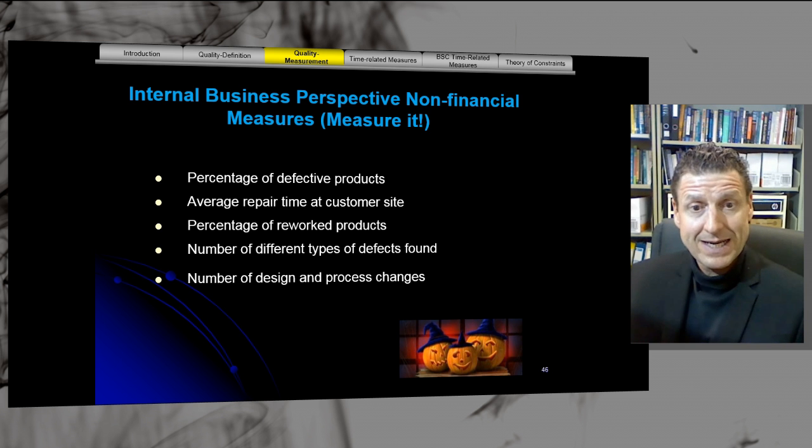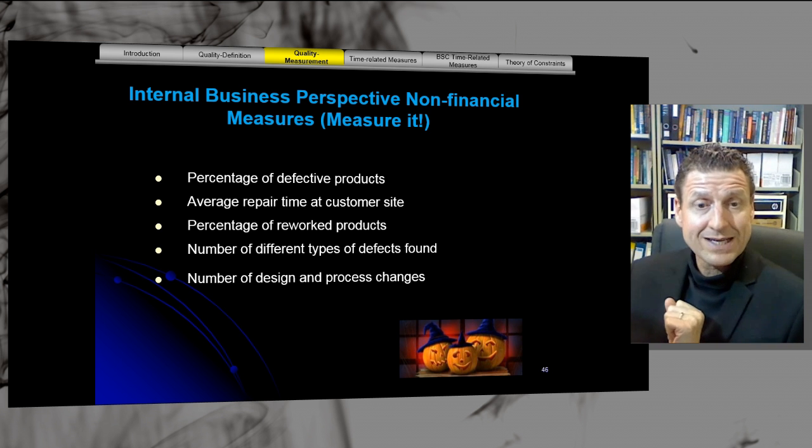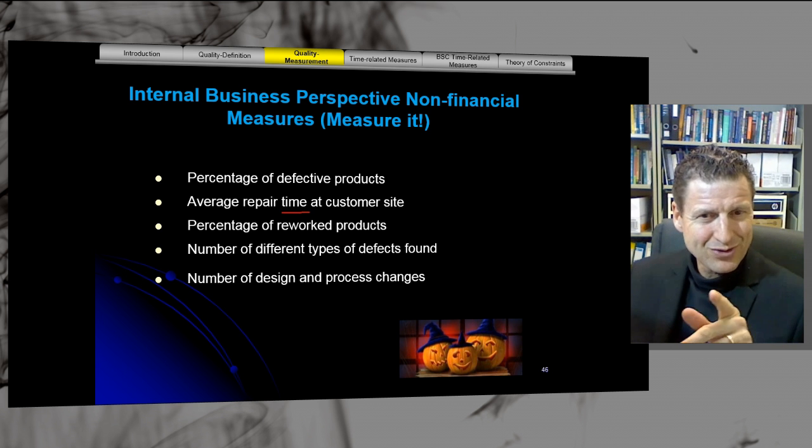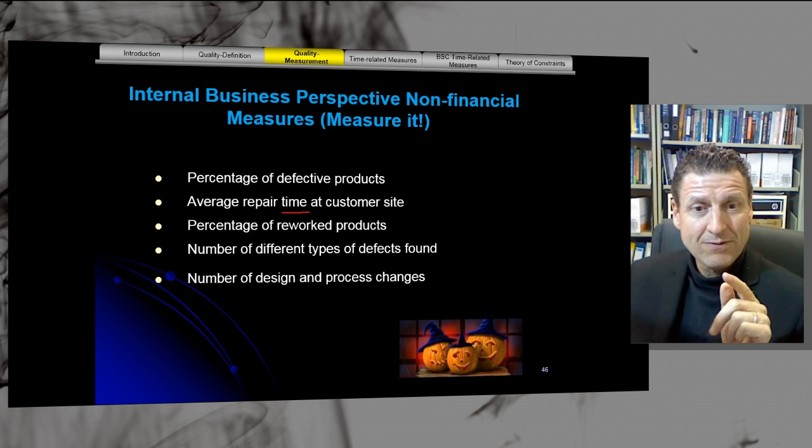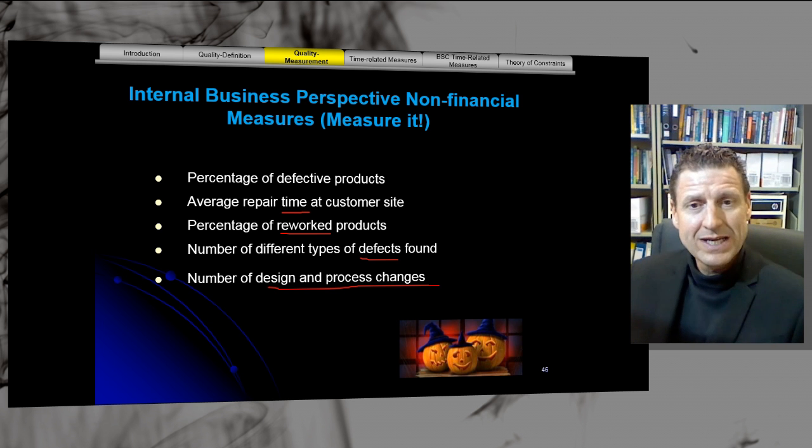It could be the percentage of defective products, the average repair time. There's that time again, all right? You know, it's quality and time. The percentage of reworked products, the number of different types of defects found, and the number of design and process changes. These are all different ways of measuring what is going on the factory floor.